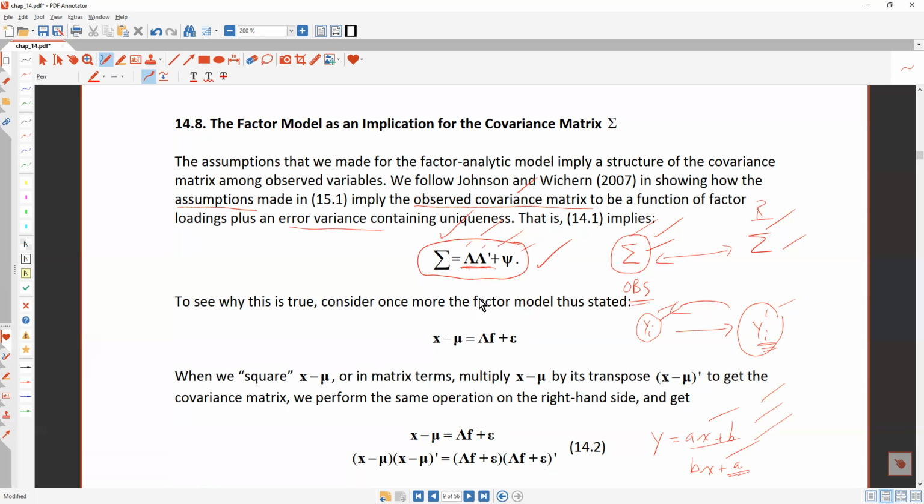Because what becomes the technical goal here becomes getting a loading matrix, right? Getting a loading matrix multiplied by its transpose. That's what that says. It means getting a loading matrix that best approximates the covariance matrix.